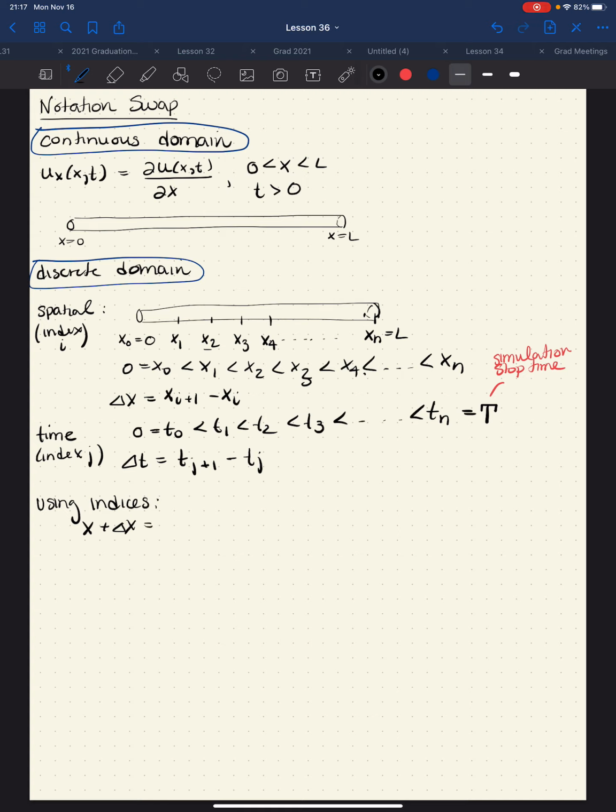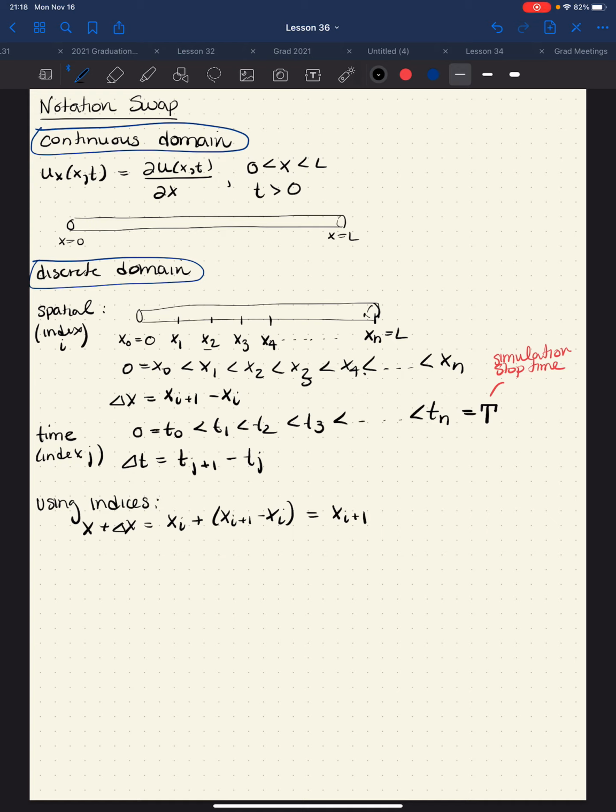If you just follow the formula that we've created up here, x is the current x, so that would be x sub i. And I'm going to add to that delta x, which is x sub i plus 1 minus x sub i. And this is equal to x sub i plus 1.